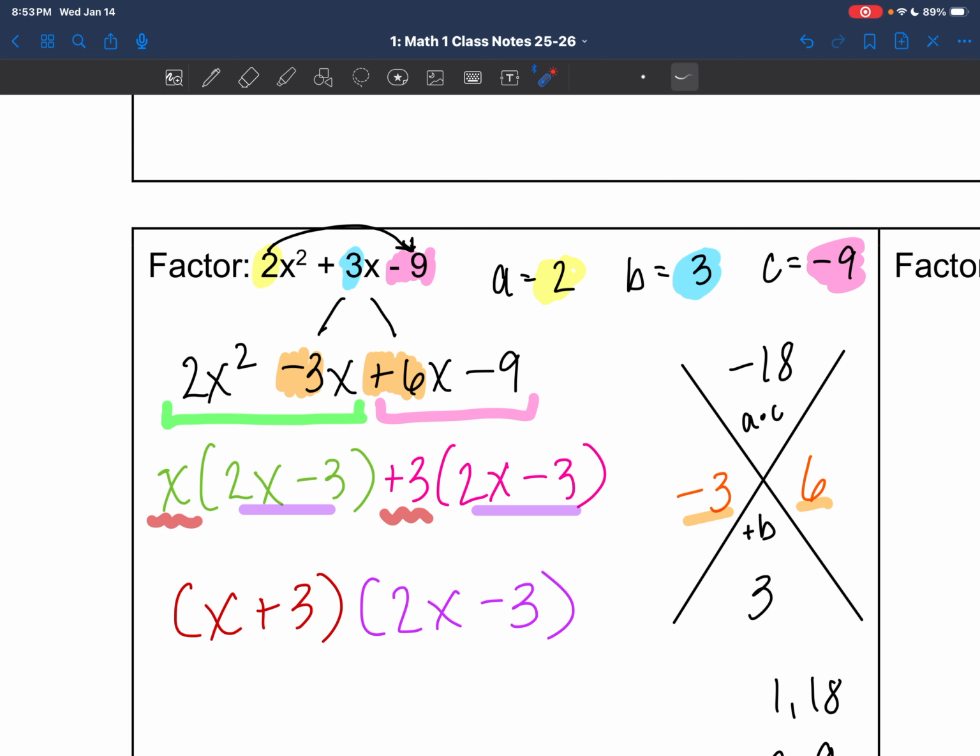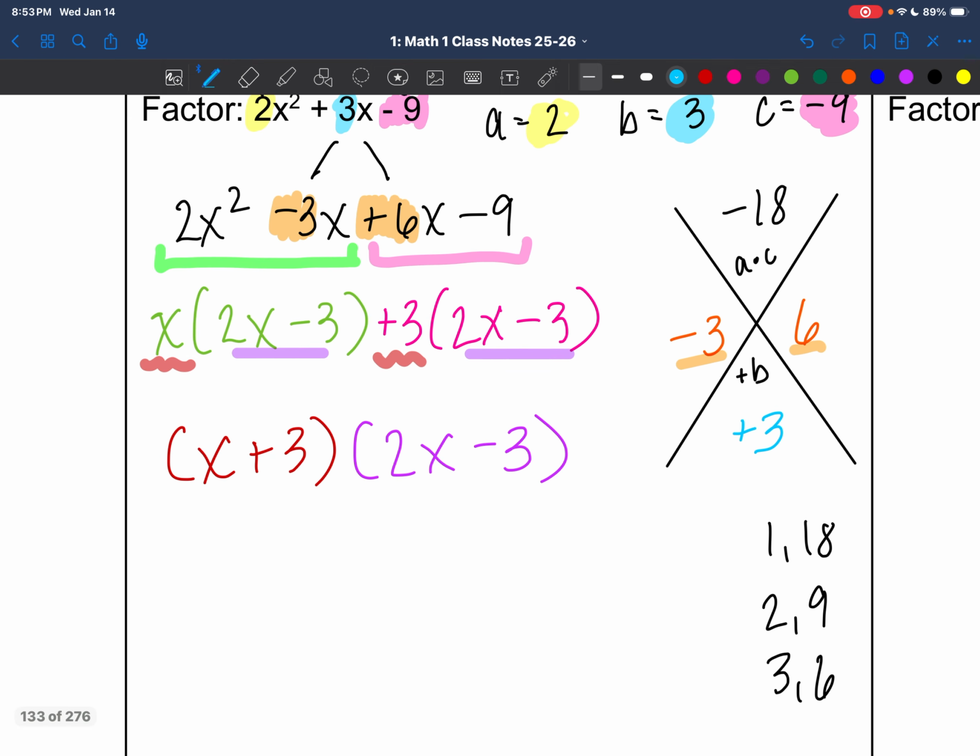And then we want it to add to be plus 3. I'm going to write that in blue to keep it coordinated. So now we need to figure out what needs to multiply to get negative 18, but add to be 3.